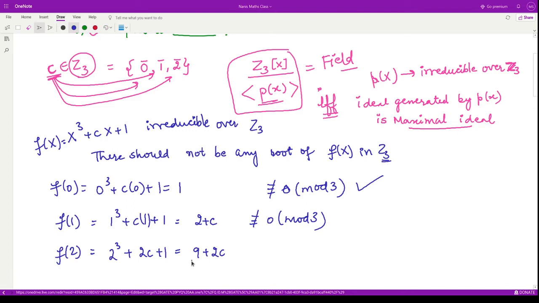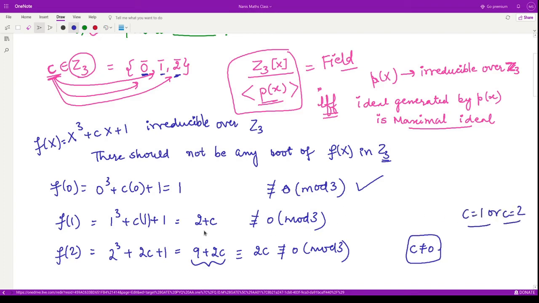Now if you divide this whole thing by 3, you'll have the remainder 2c, and this should also not be equal to 0 mod 3. From this last expression, we know c could have only 3 values, 0, 1 or 2. So c cannot have 0 value, and we are only left with c equal to 1 or c equal to 2.